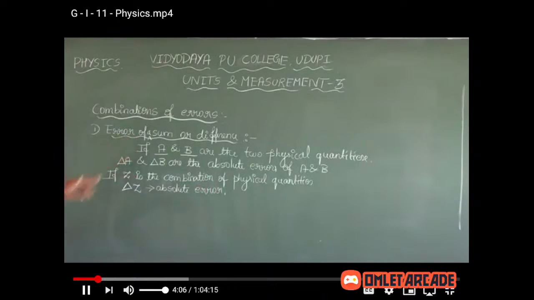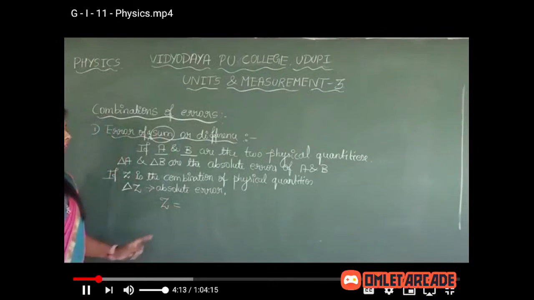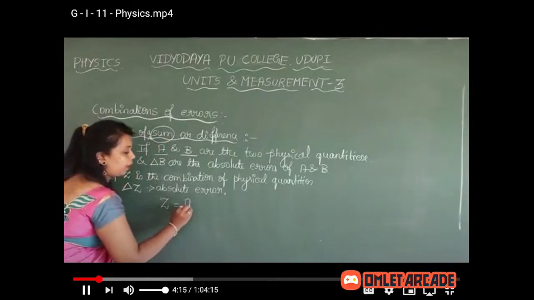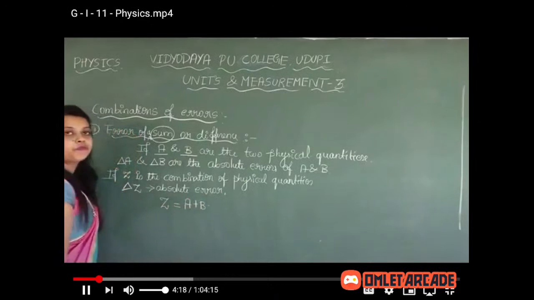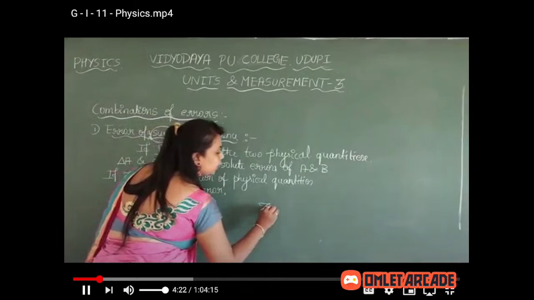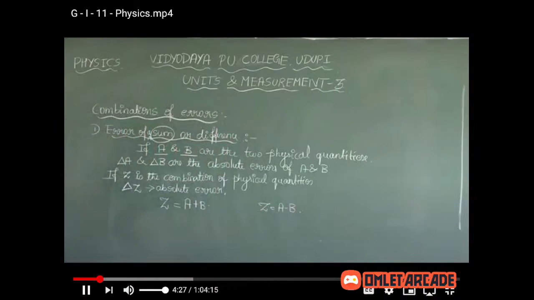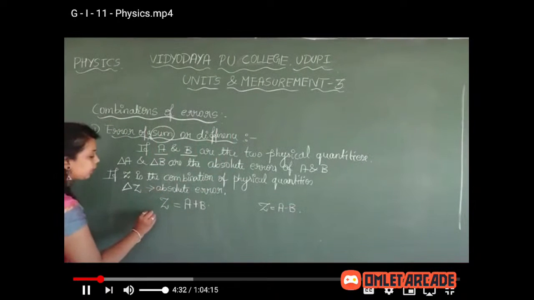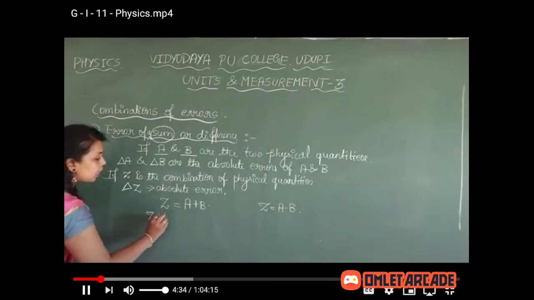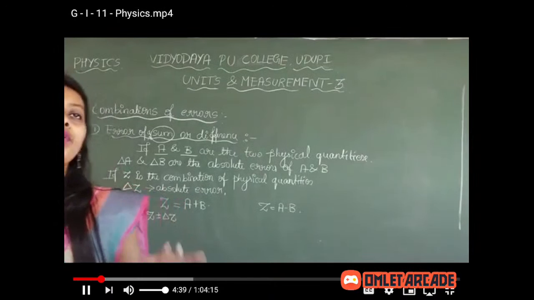First I will solve the sum. So the resultant will be Z, that is equal to the sum: Z is equal to A plus B. The second one is difference: Z is equal to A minus B. While measuring the resultant physical quantity, you have Z plus or minus delta Z. The absolute error may be positive or negative.